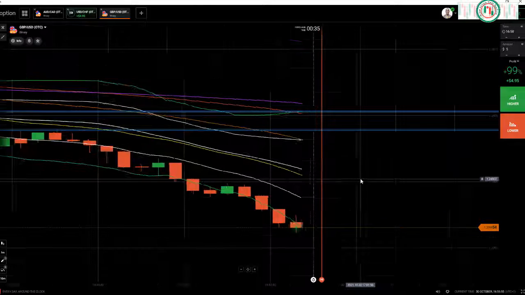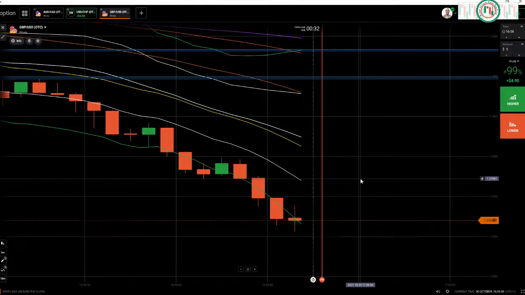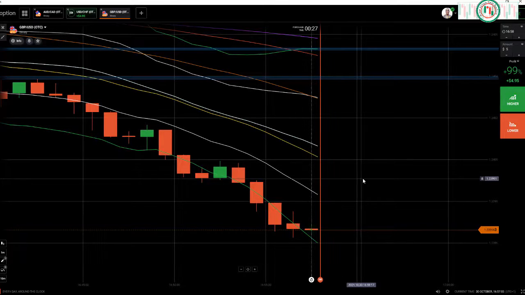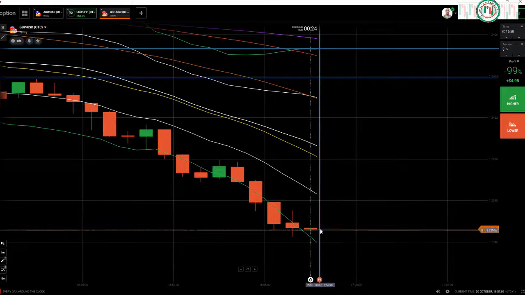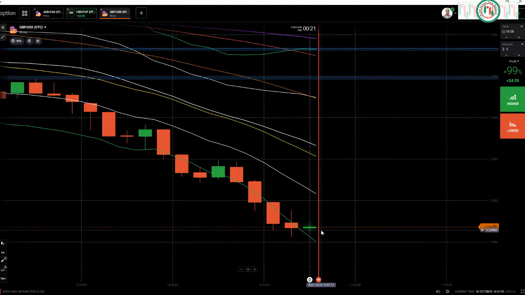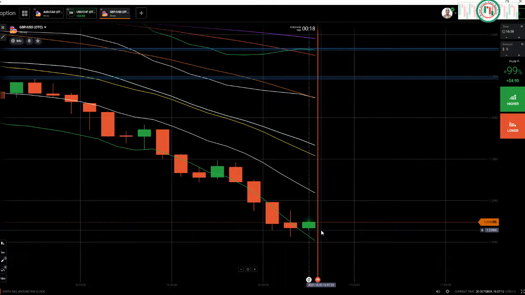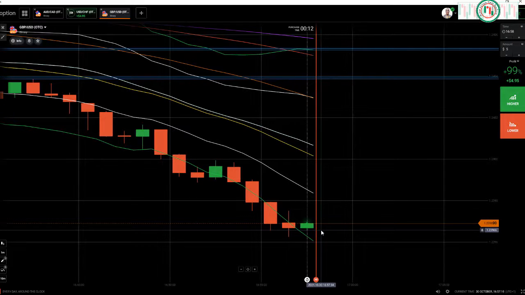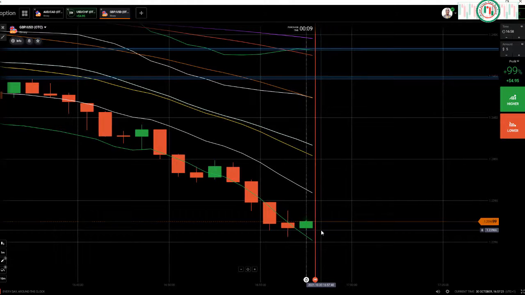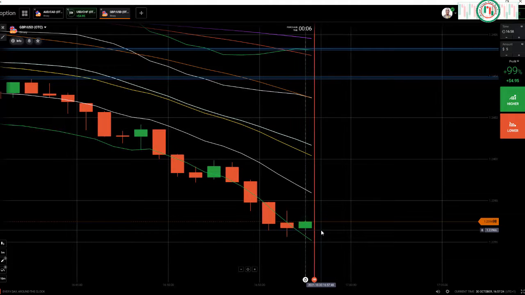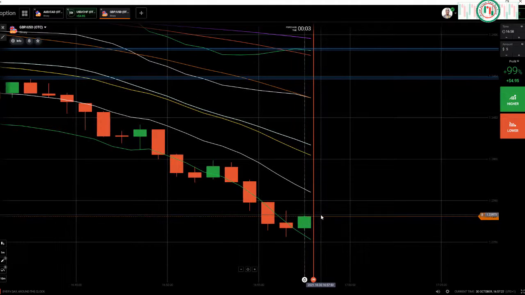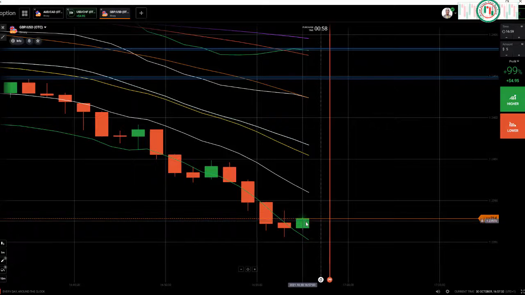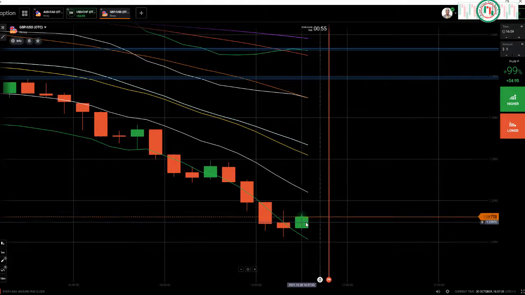No level here. Okay, we'll create a retracement candle at this level. Yes, this is the retracement candle. But the market is rejecting. Maybe it will close at this level somewhere here.